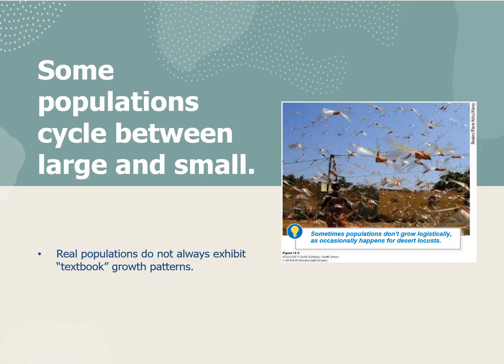Some populations are not always so textbook in their growth patterns. Some can be incredibly unpredictable. One of the examples that we have is these locust swarms from 2004.